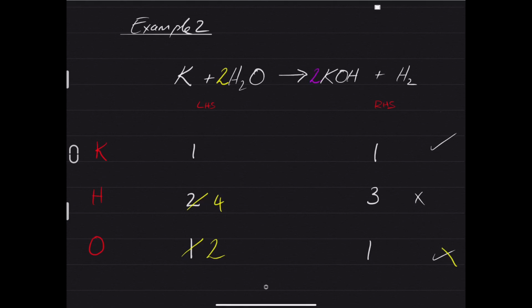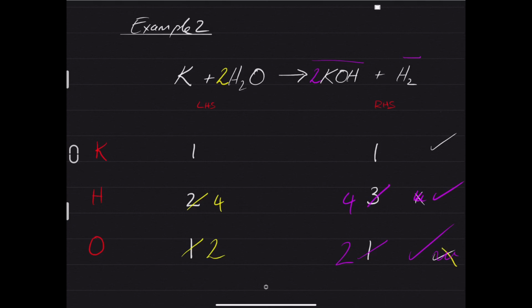So now we have 2 oxygens on the right-hand side. This now makes it balanced for the oxygen. Has it done anything to the hydrogen? Yes. If we just take this compound here, we are looking at 2 hydrogens plus another 2 hydrogens there. So now we have 4. So this is now balanced.